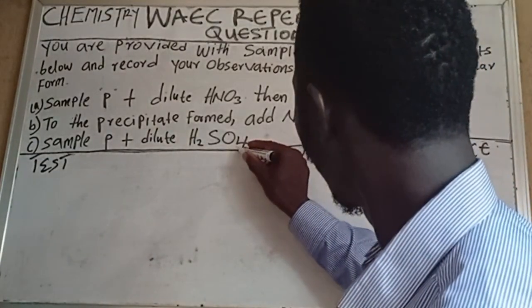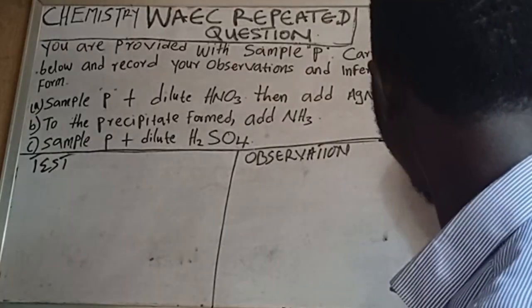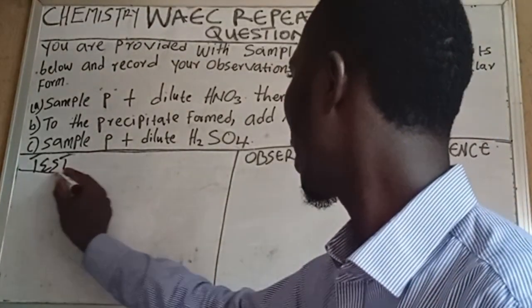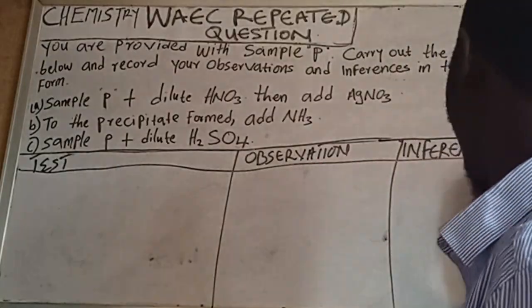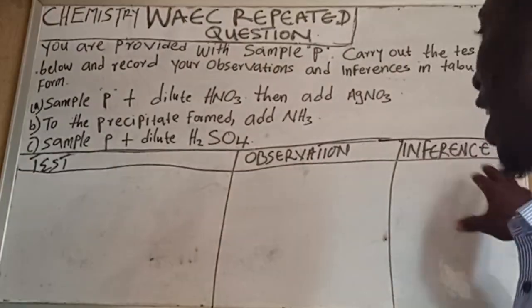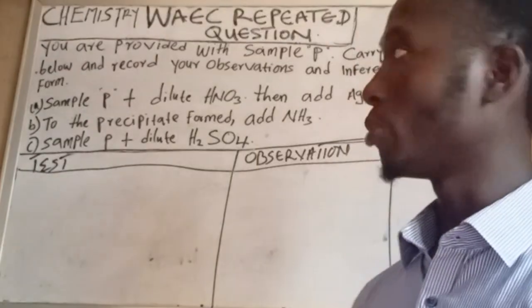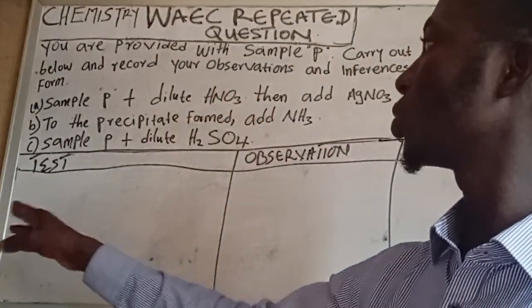So you now draw your line. After you draw this, you have succeeded in making your table. The next thing is what? Writing your question before carrying out your practical.